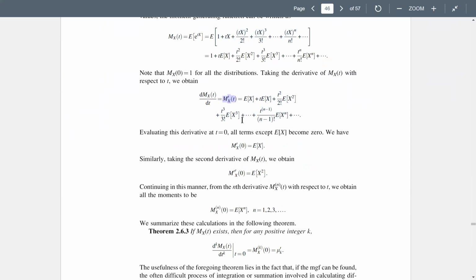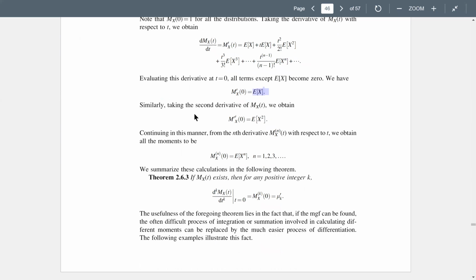we call it the first moment. Now, if you set t equal to 0, what will happen on the right hand side is that all the second term or higher will be 0 because all are multiplied by t. So all the second, third, or higher terms are gone, and only the first term is left.